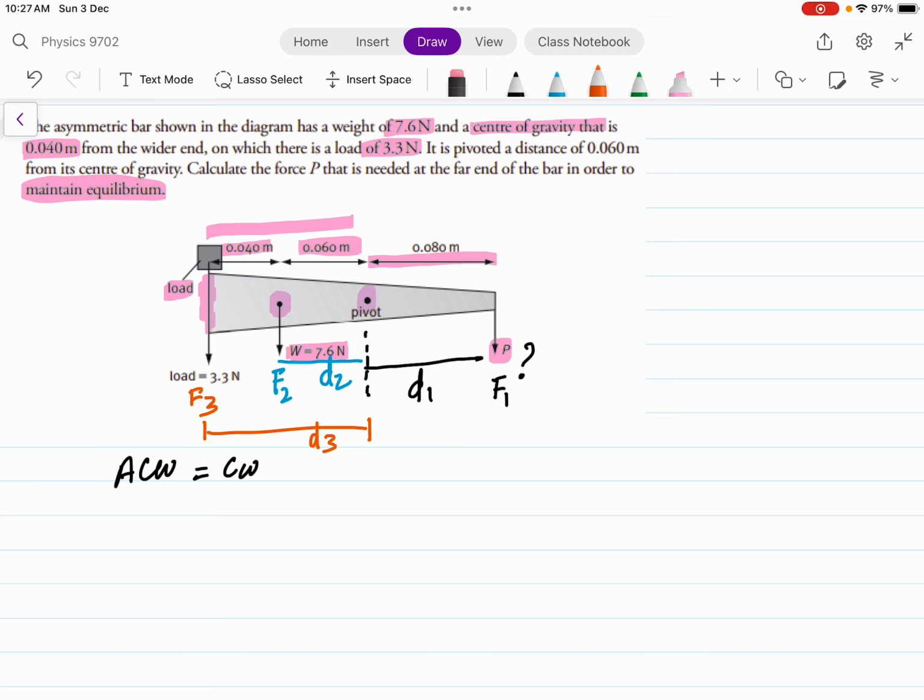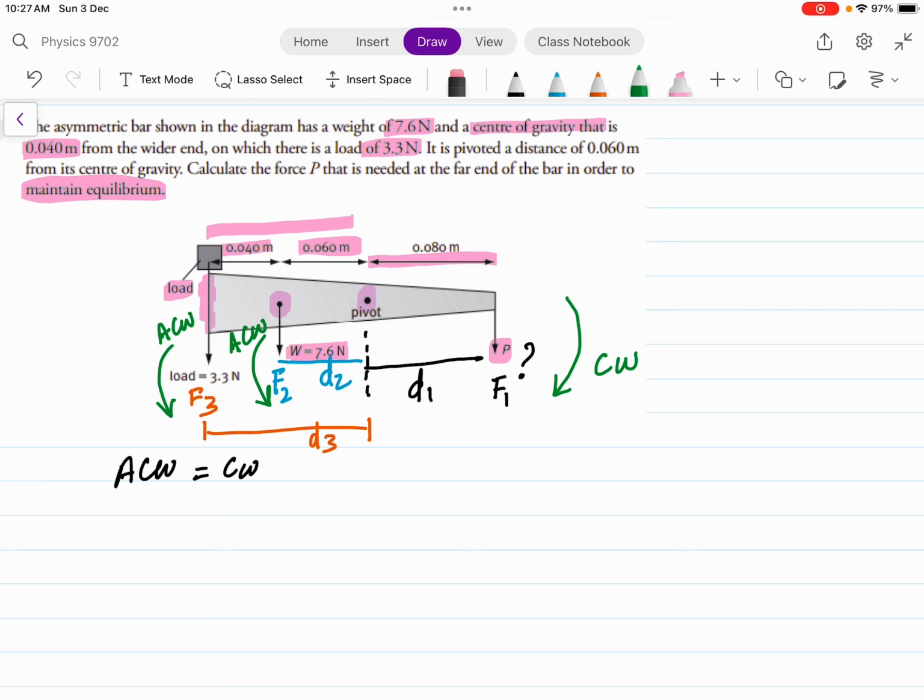One thing I know for sure is that if I apply F1, definitely it will make the bar turn like this. So F1 is causing a clockwise moment. If I apply F2, it will try to turn the bar like this, so this is causing an anti-clockwise moment. And if I apply F3, it's going to turn the bar again this way, so this is also causing an anti-clockwise moment.